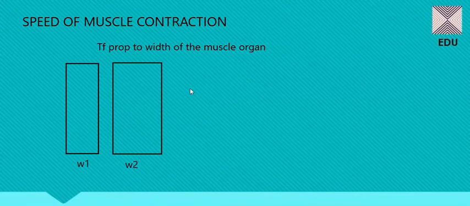Here the width of muscle 2 is greater than the width of muscle 1, so W2 is greater than W1. So when the width is more, the cross-sectional area of this particular muscle will be more than the first muscle.